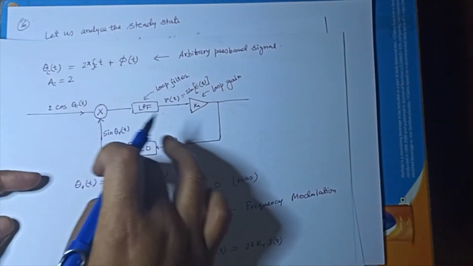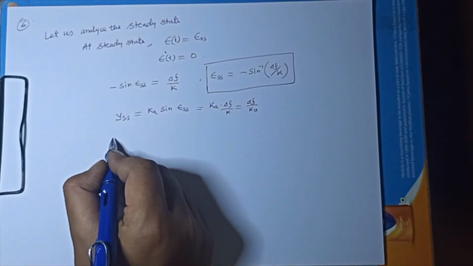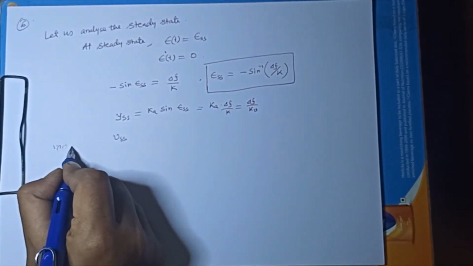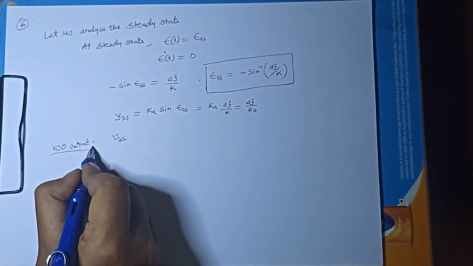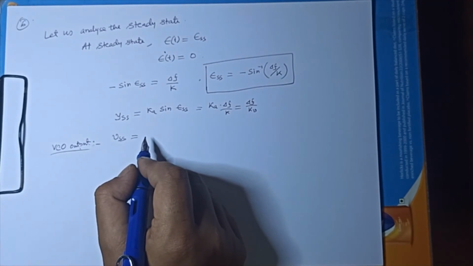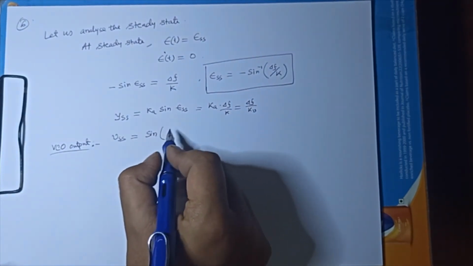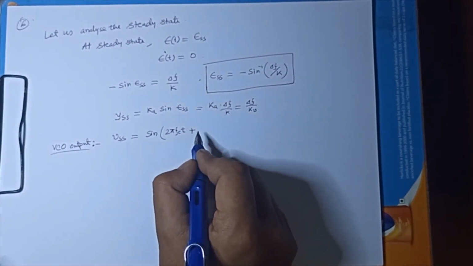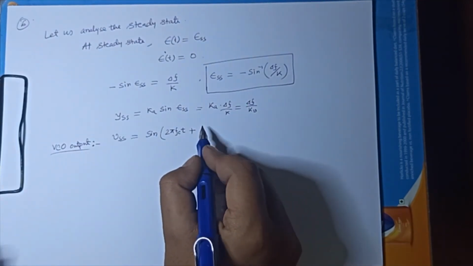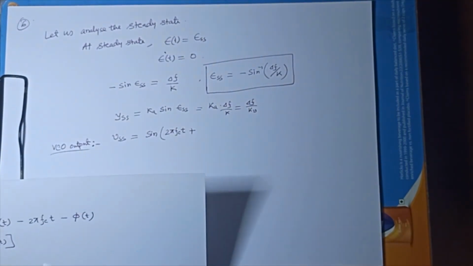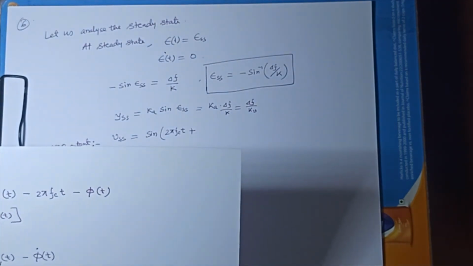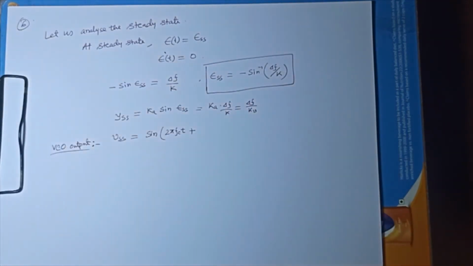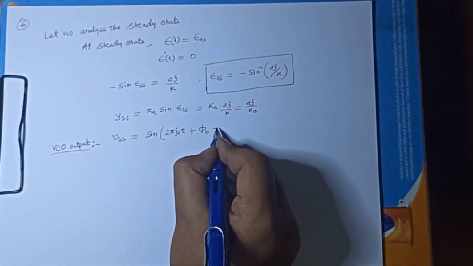And then what will be your VCO output? So VCO output, say vss, I can write. This will basically be some sine of 2 pi fc t plus the phase. It will finally reach that same phase phi, so phi 0 minus epsilon ss.